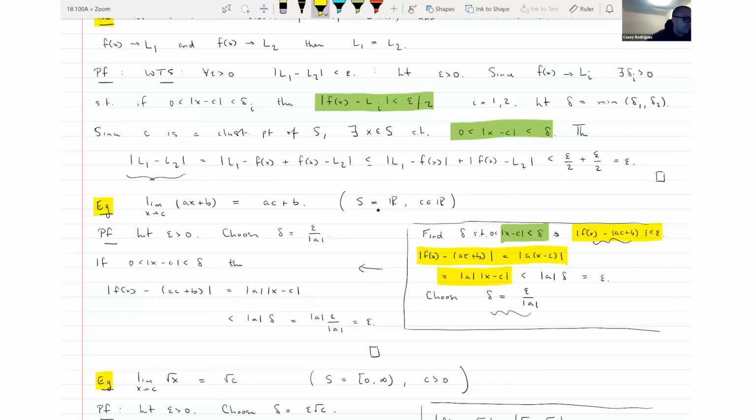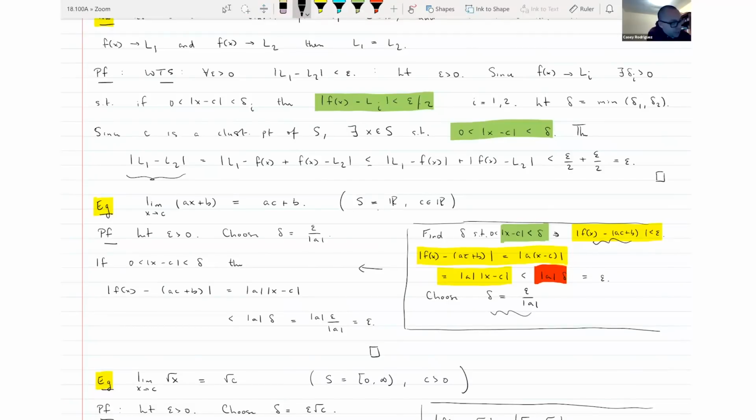So when we do this computation, and assuming that the absolute value of x minus c is less than delta, we get this thing right here: the absolute value of a times delta. This is just assuming that the absolute value of x minus c is less than delta, which is what we'll be assuming.